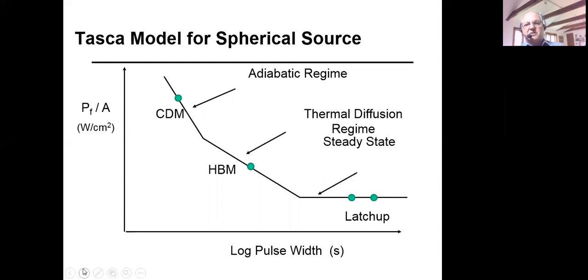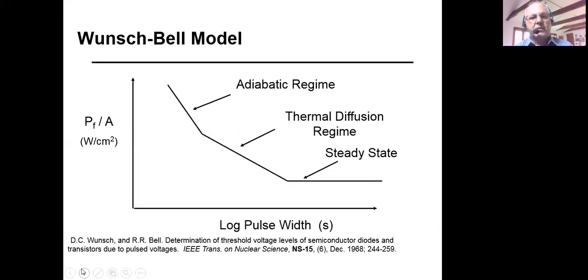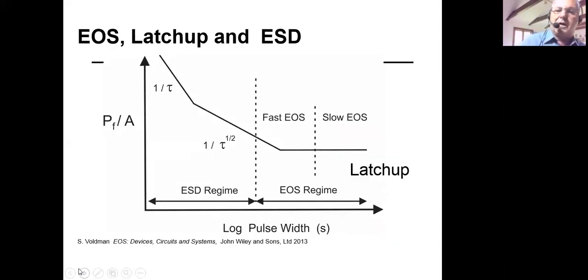You can think of this as a universal curve sweeping all the different pulse widths on the device. Wunsch-Bell also produced the same physical curve representing the device.